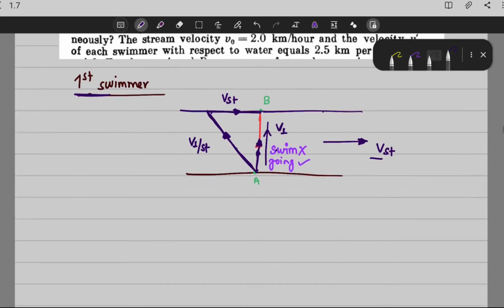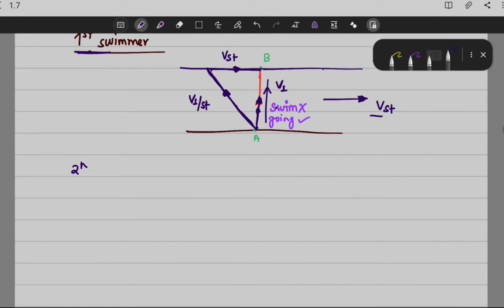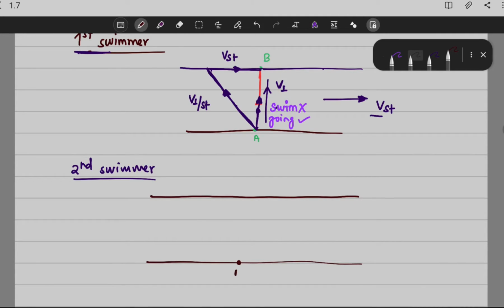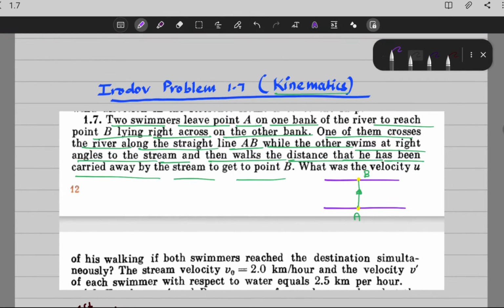Now let us talk about the second swimmer. The second swimmer started swimming from point A towards point B in this direction. If you read it carefully, it says the other swims at right angle to the stream.